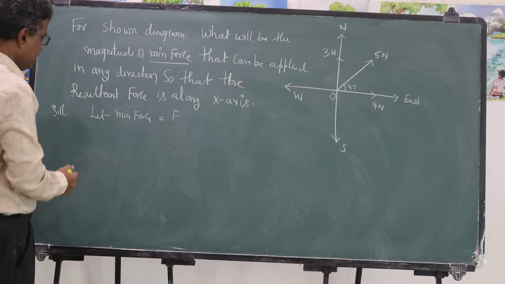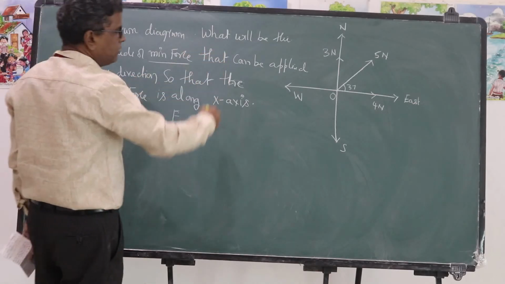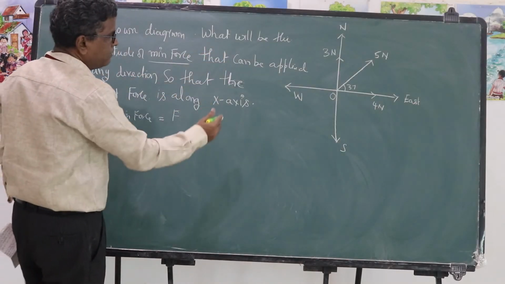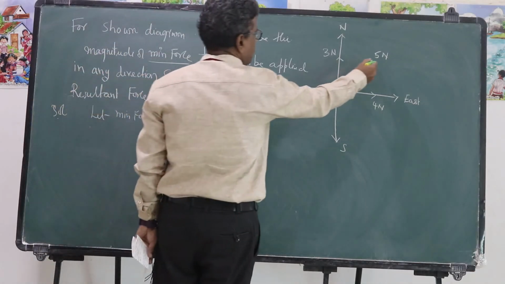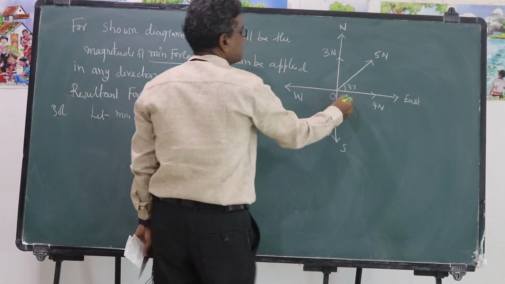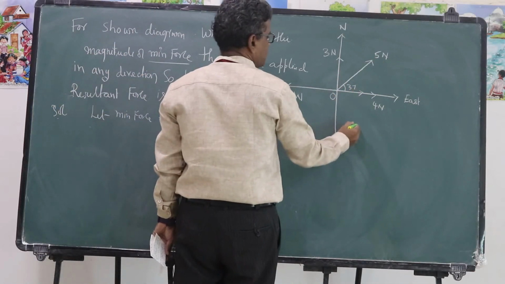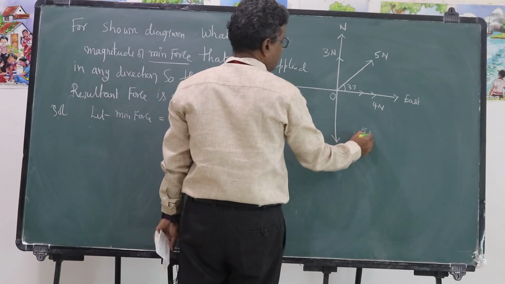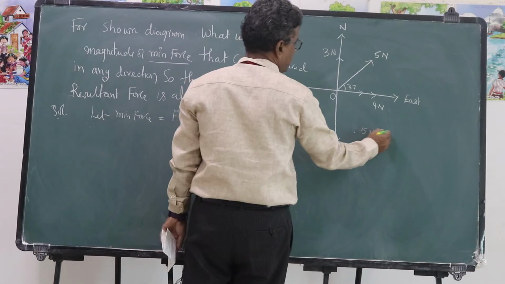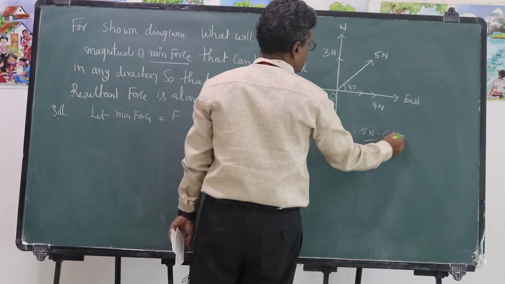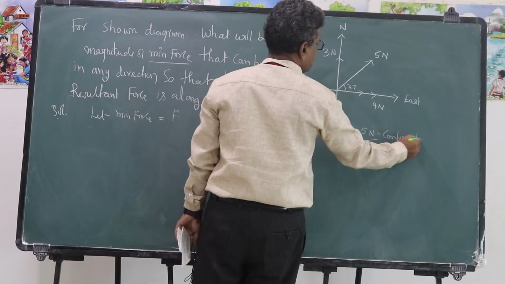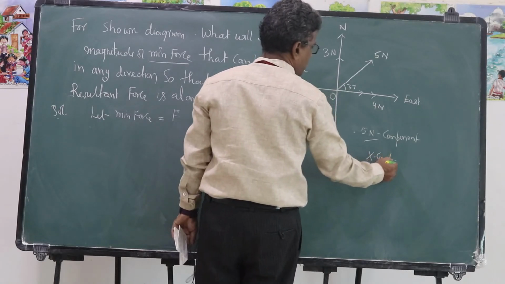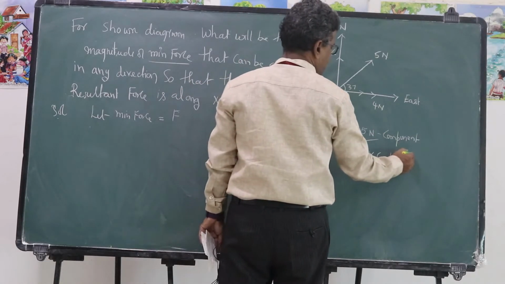So the resultant of all these forces should be along the x-axis. So you divide this one into components. Divide the 5 newtons force into components. The x component becomes 5 cos 37.